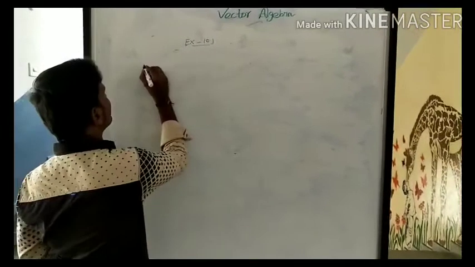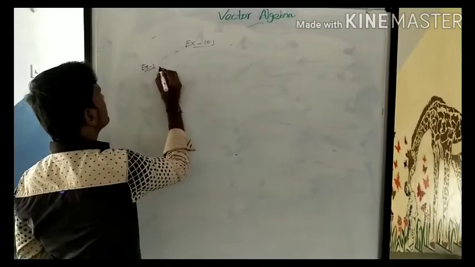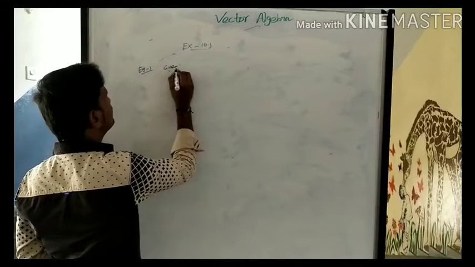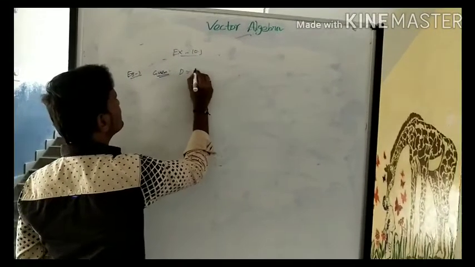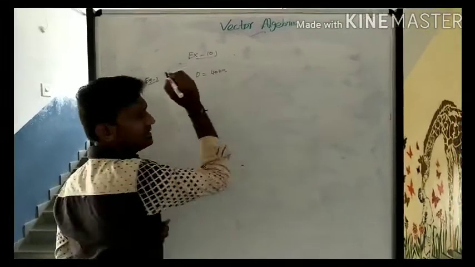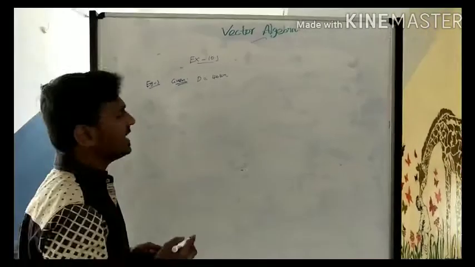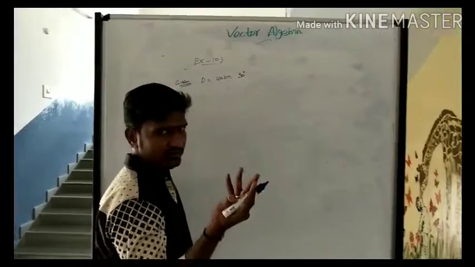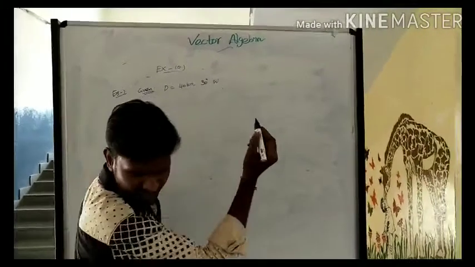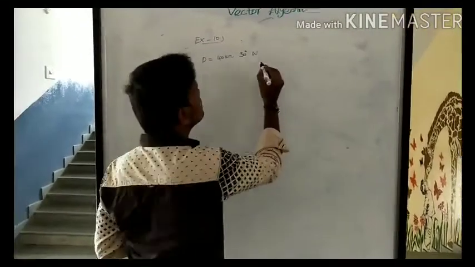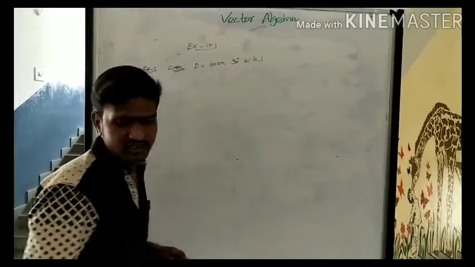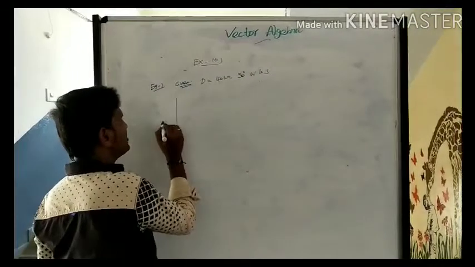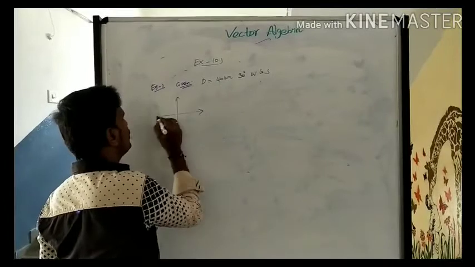So what is given here? Example 1. Given is distance. How much is the distance? 40 kilometers. And what angle is given? 30 degrees. That is west to south. Do you know the directions from NEWS?